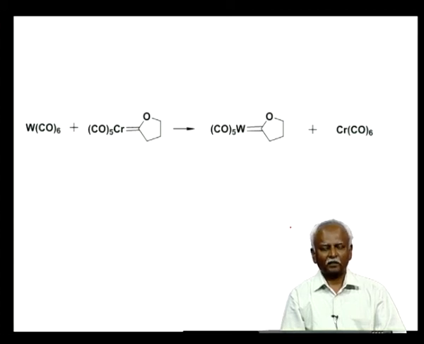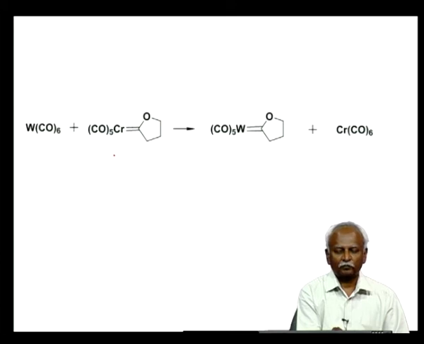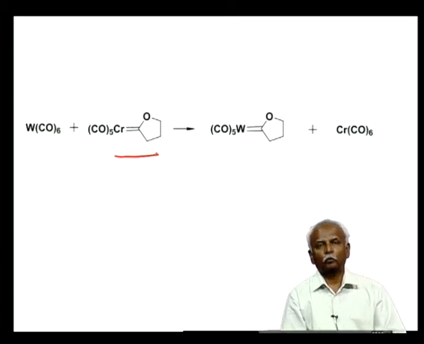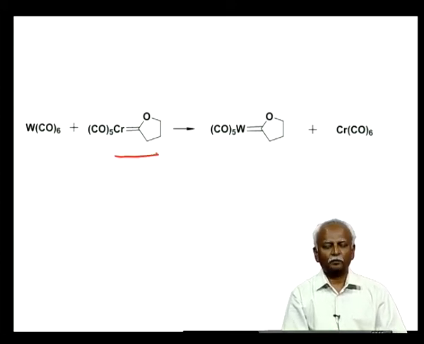In this particular instance, we have tungsten hexacarbonyl and the chromium pentacarbonyl with a carbene, which is a Fischer carbene attached to the chromium, and this Fischer carbene is now transferred to the tungsten.